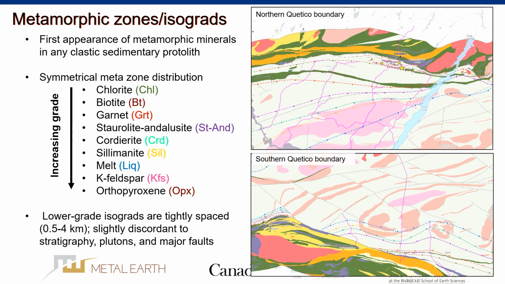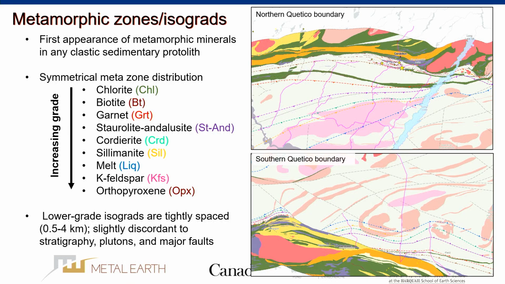The metamorphic isograds, here we focused a lot on the isograd mapping. It was defined by the first appearance of metamorphic minerals in any clastic sedimentary protolith. So there is a little bit of variability in the protolith composition, which I'll talk about, but in general, we have this symmetrical distribution from chlorite zone, as I mentioned, through biotite, garnet. Staurolite and andalusite seem to be in the same rocks, if you have the right chemistry.